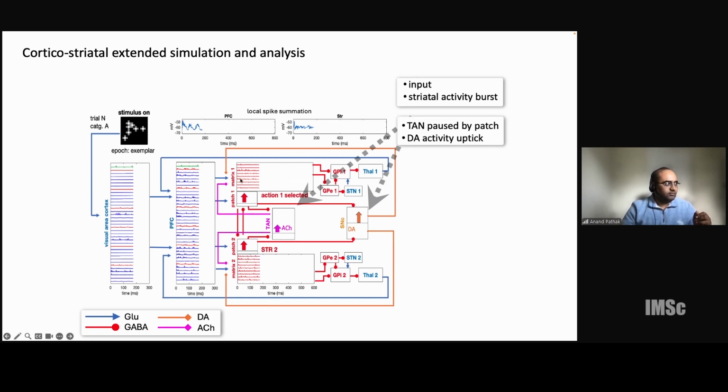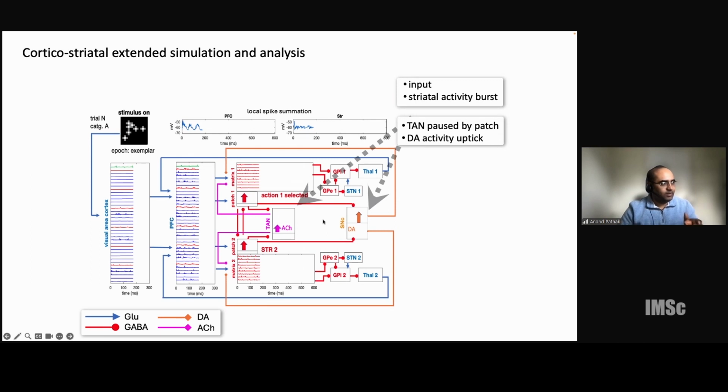So there's matrisome and striosome, also called matrix and patch. Both get very similar cortical input. So the matrisome is the main subset where the decision making happens, and what this does is it inhibits the TAN, and it also inhibits the substantia nigra, which is the dopamine.